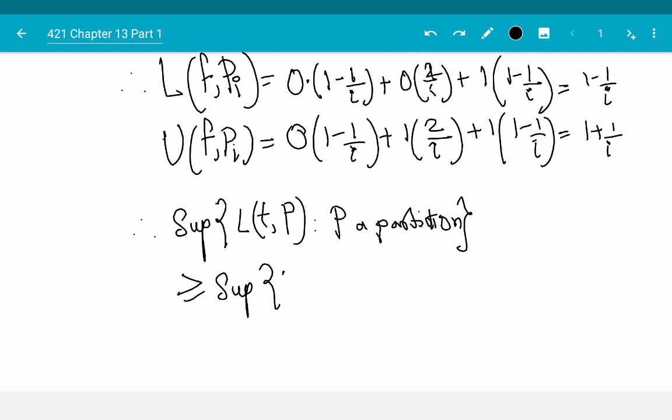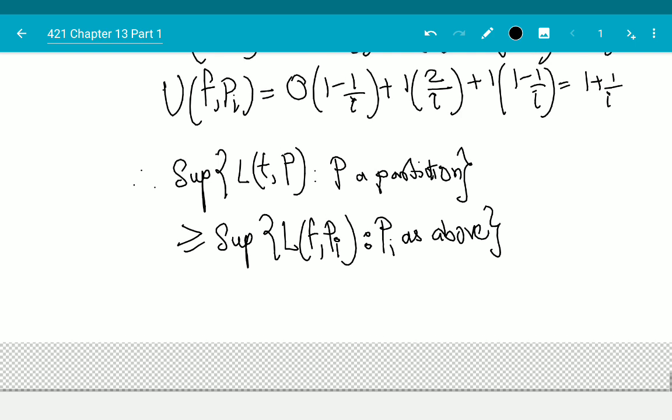The supremum is bigger than L of f comma pi, where my pi are these partitions above, right?